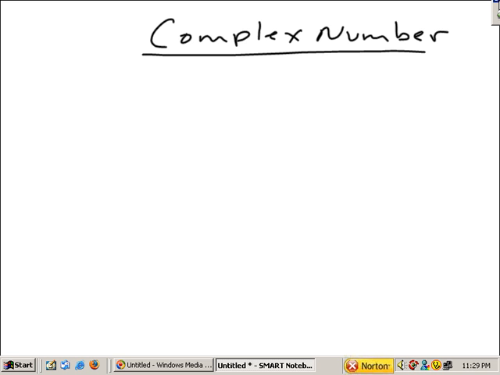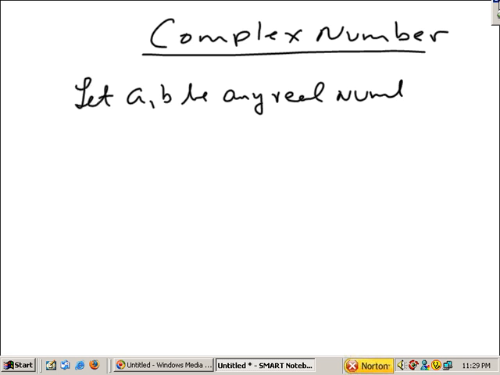This section is entitled Complex Numbers. A complex number can always be written in this form. Let A and B be any real numbers, including the number 0.